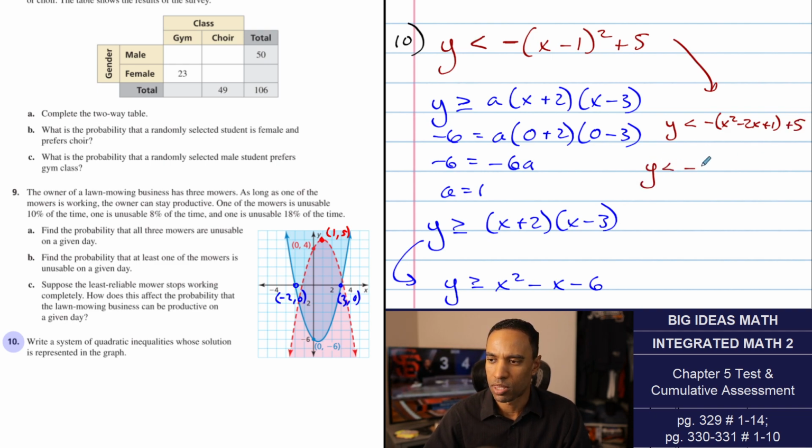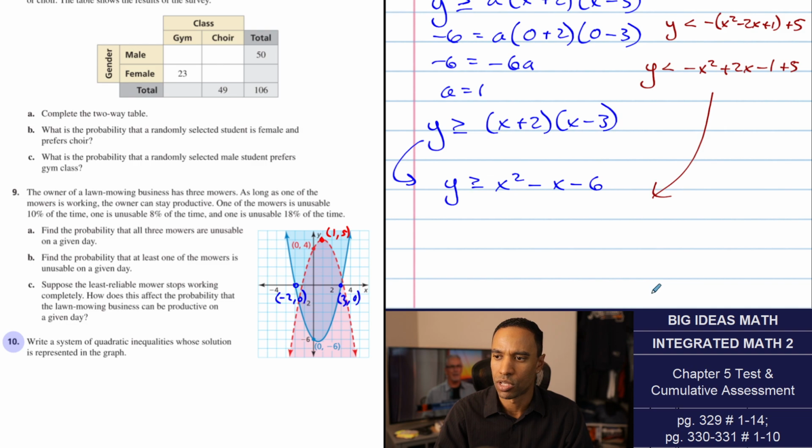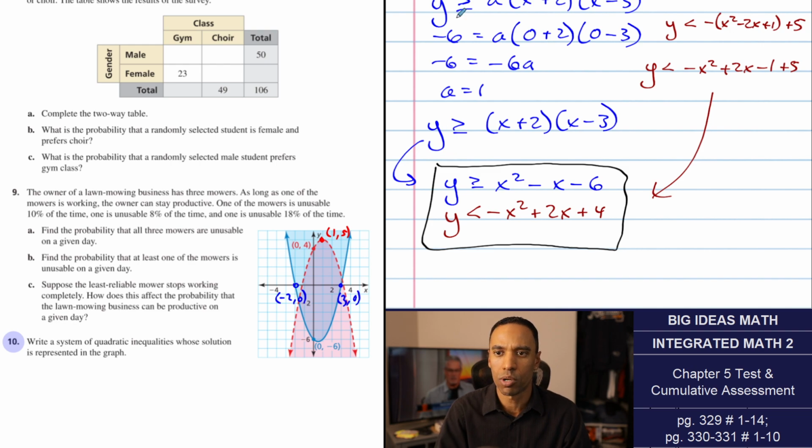Then distribute the negative: negative x squared plus 2x minus 1 plus 5. That becomes y is less than negative x squared plus 2x plus 4. And it does hit at 0, 4. And this one does hit at 0, negative 6, so that's an agreement. So those are both in standard form.